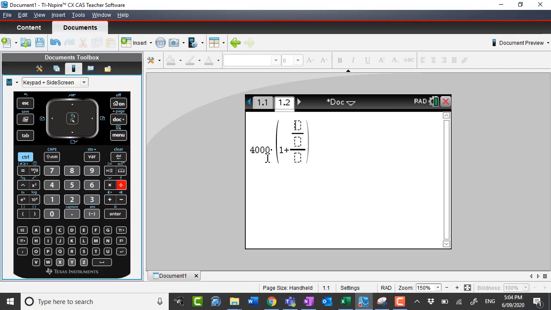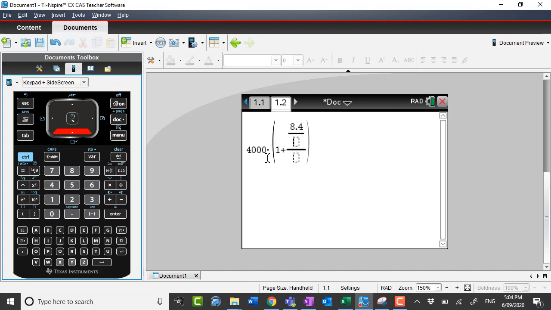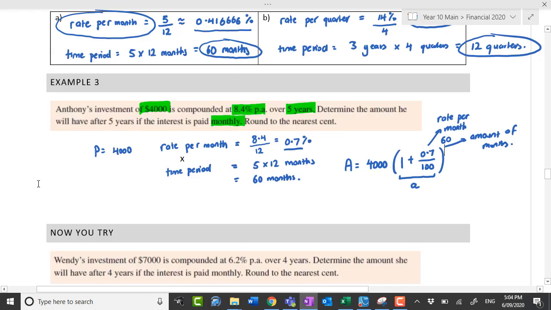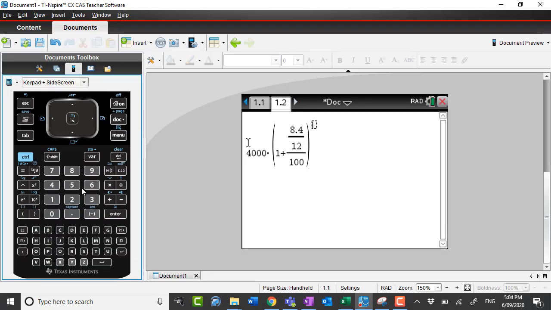We can do all of that in one step. So 8.4, I want to divide that by 12, and then of course divide by 100, which will give me my decimal. Now I want to do that to the power of, well, we're looking at 5 years, and 5 years with 12 months, so that's 60 months.